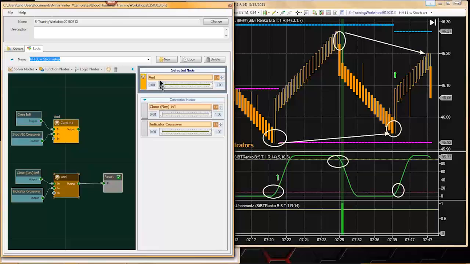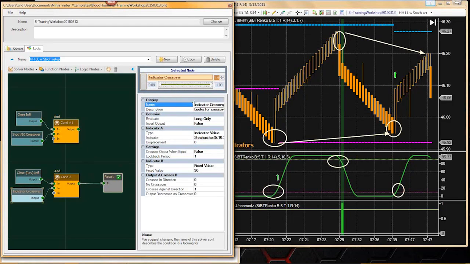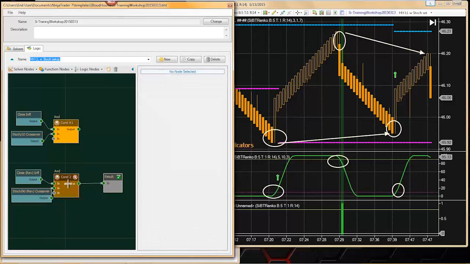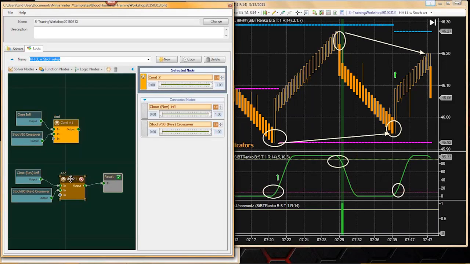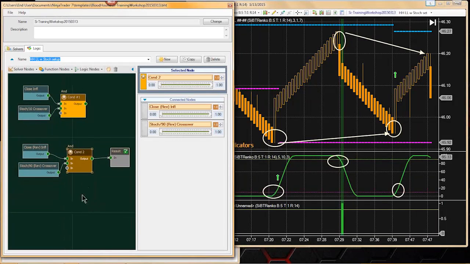Actually, I meant to name this AND node. So this is condition 2. And let me give this crossover a name. So this is the stochastic crossing the 90, and I reversed the output there, like so.